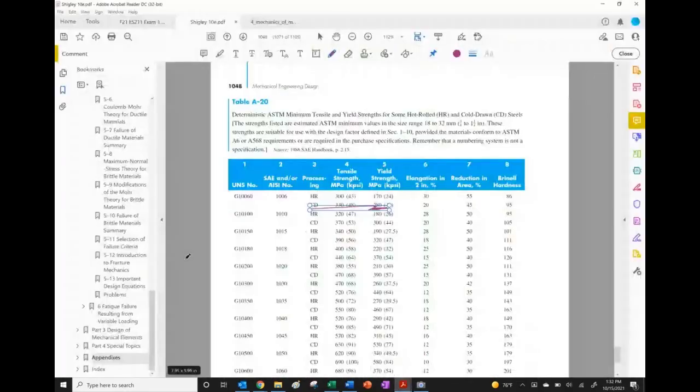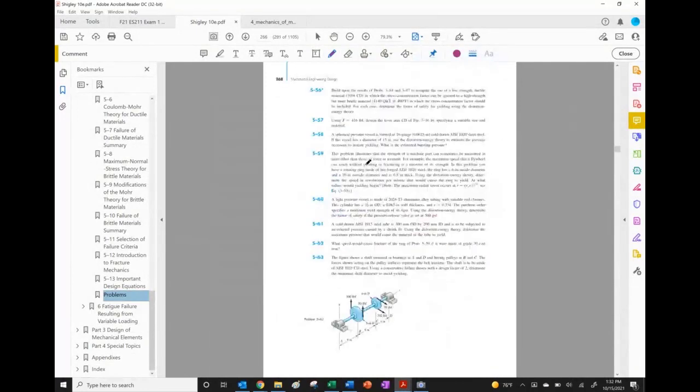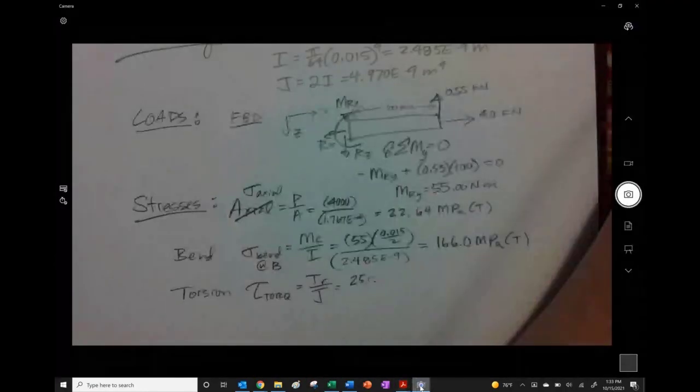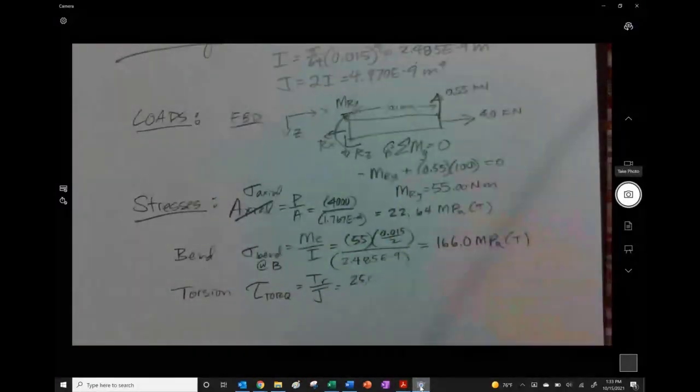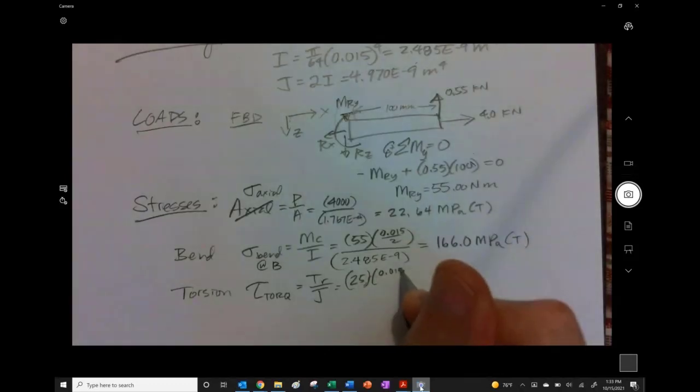No, we're not on the problem. We got to go back over here. Boom. Yeah, just Newton meters. Okay, cool. When in doubt, look it up again.